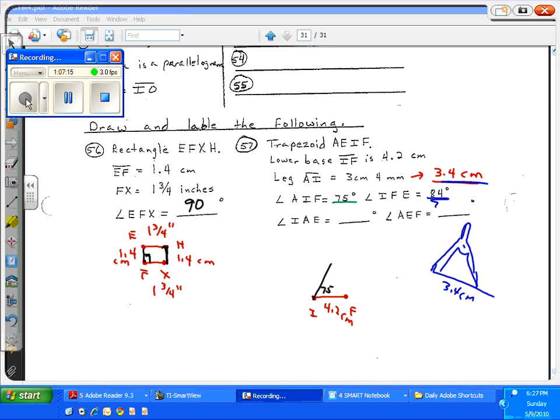You would measure with an arc, or just measuring this side at 3.4 centimeters. You could take off the top of that, or you could have made the arc and taken it off. You would measure this angle at 84 degrees.